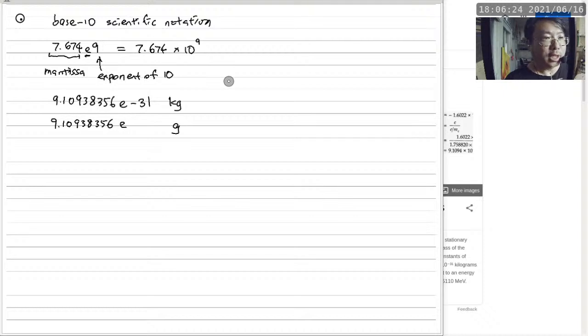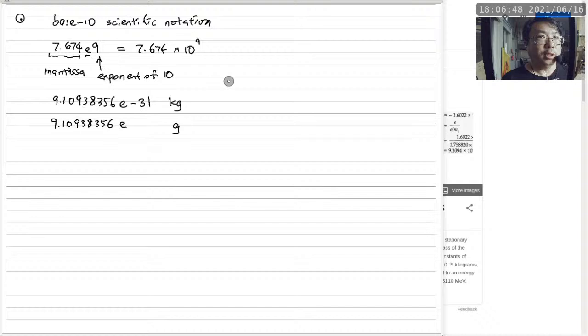Not the E notation. So what are we going to do to the negative 31? Are we going to add 3 to it, or subtract 3 from it? It is exactly, there are 1,000 grams to a kilogram.